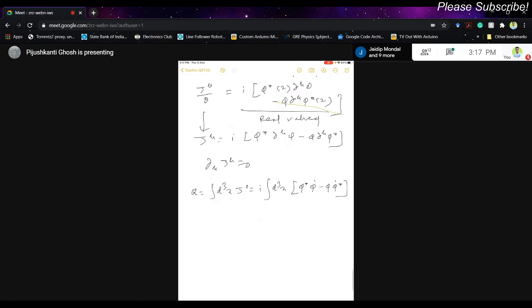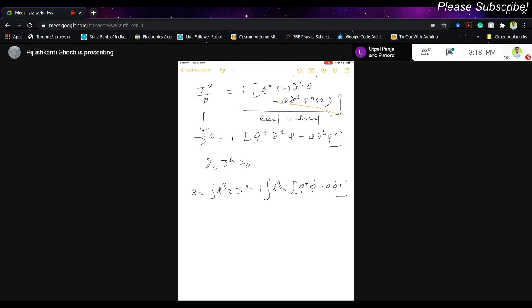Now again this part is homework. I have taught you the relevant techniques. This is in terms of the field. You express phi in terms of a_k e to the power minus ikx, b_k dagger e to the power ikx, and so on. You take the derivative, substitute in this expression, and perform the integration, the way we obtained the Hamiltonian density and the total Hamiltonian for the real scalar field.